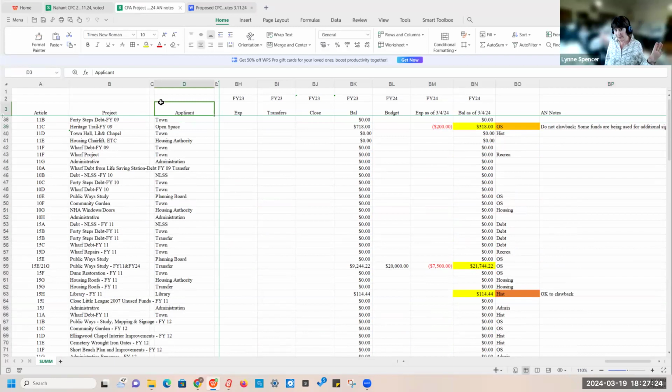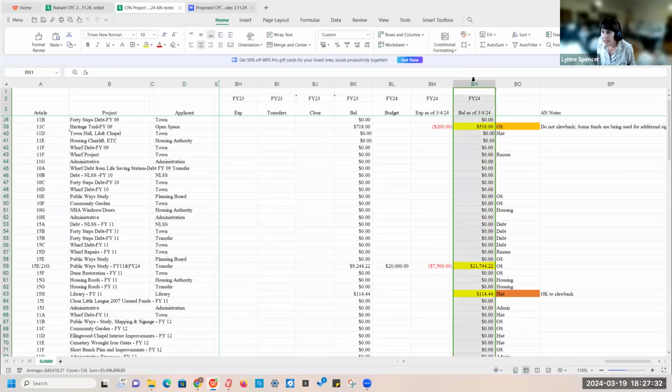And the highlights in yellow are from town hall, the orange is from me, and then the column marked AN notes is Allison Nieto's notes. So she's recommending don't touch this for now. And I assumed that she and Tony had a conversation about this.